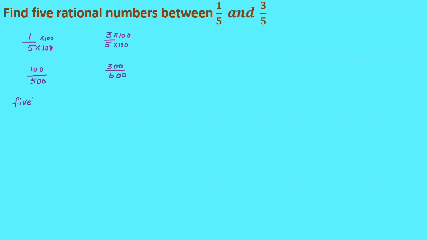So 1 by 5 is equal to 100 by 500, and 3 by 5 is equal to 300 by 500. Now we can write so many rational numbers between 100 by 500 and 300 by 500. So let us write 5 rational numbers between 1 by 5 and 3 by 5.